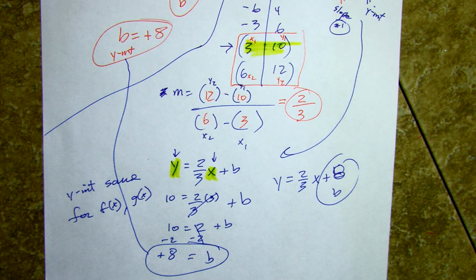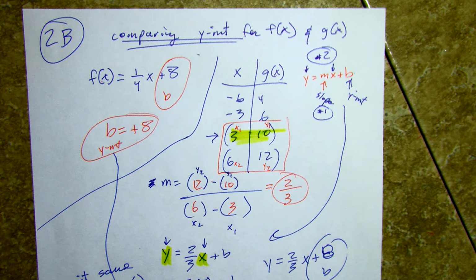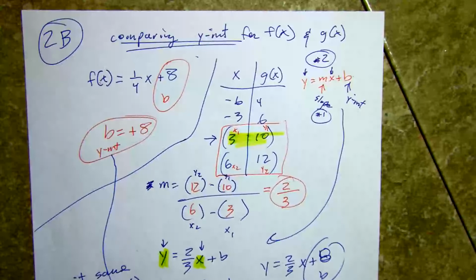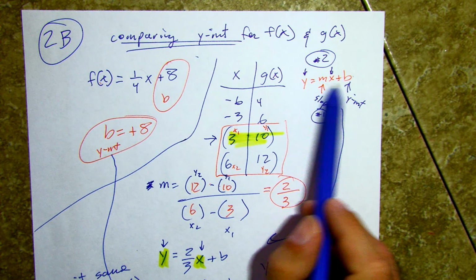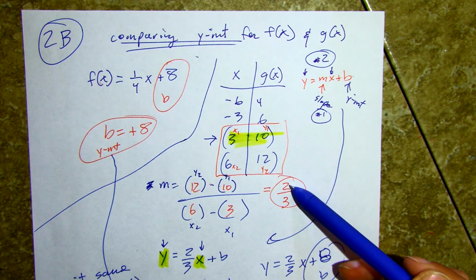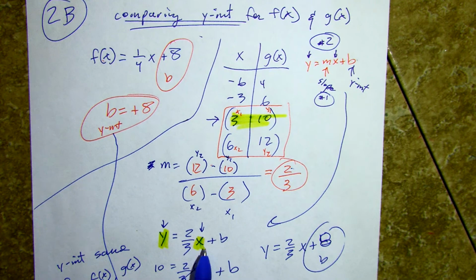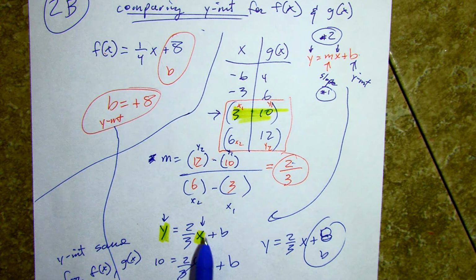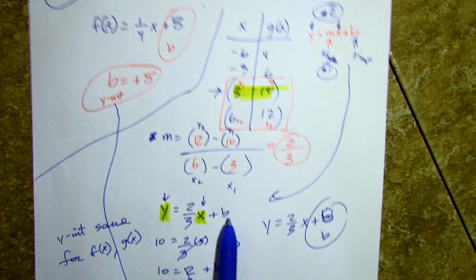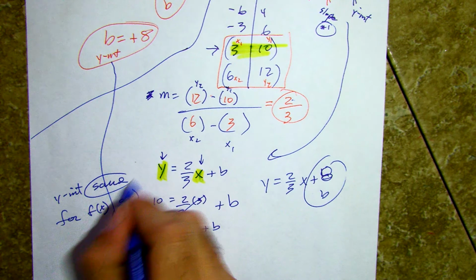For 2b, we were given for function f of x the equation, so we could find the y-intercept by just knowing where things fit into our equation. We're given a table for the second one, so I found the slope to be able to plug the slope into my y equals mx plus b. Then I plugged in a point, I worked it out, I found my b. I put it in this equation, but really I just needed to find my b, and now I can compare them and say they're the same.